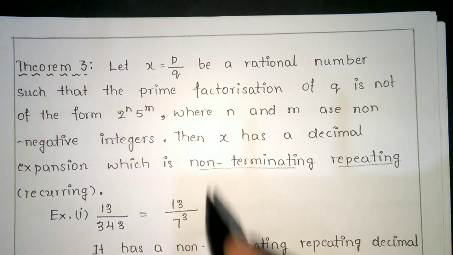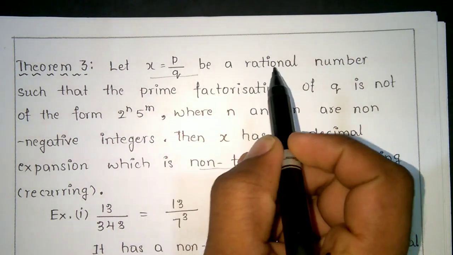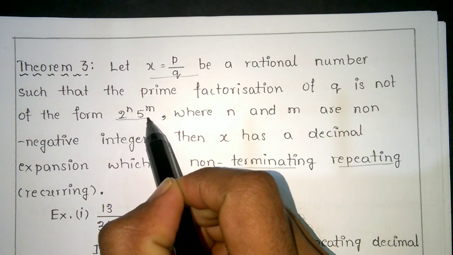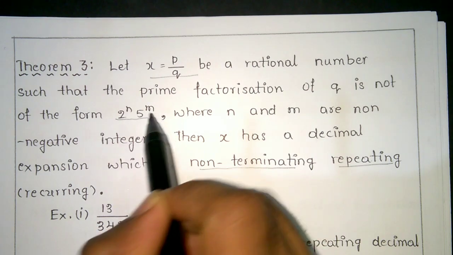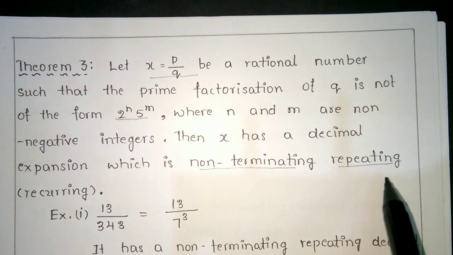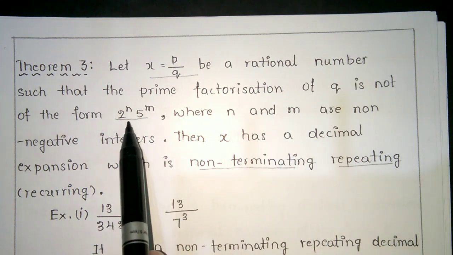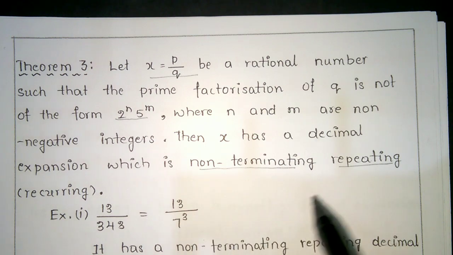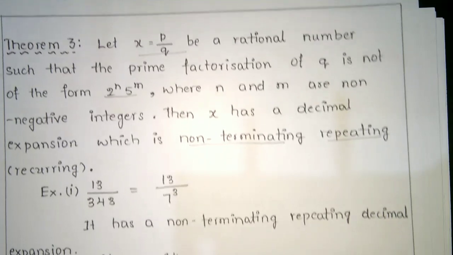When it is in the form of 2 power n and 5 power m, then it is terminating. This is the last theorem.